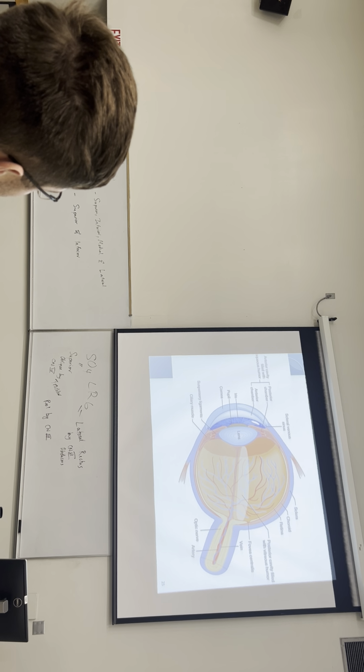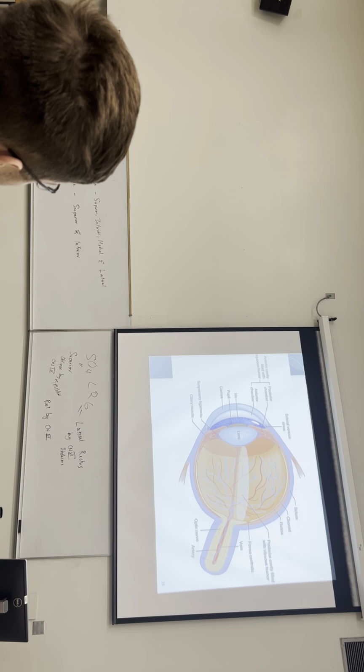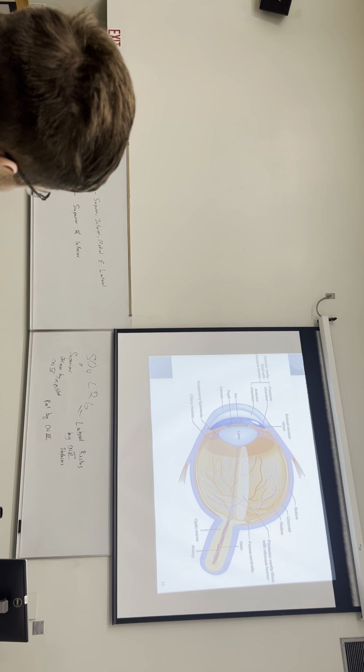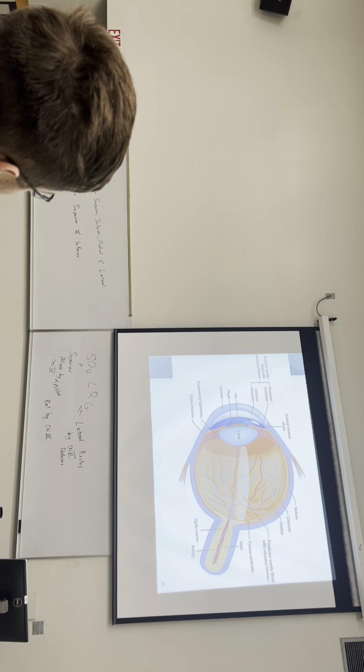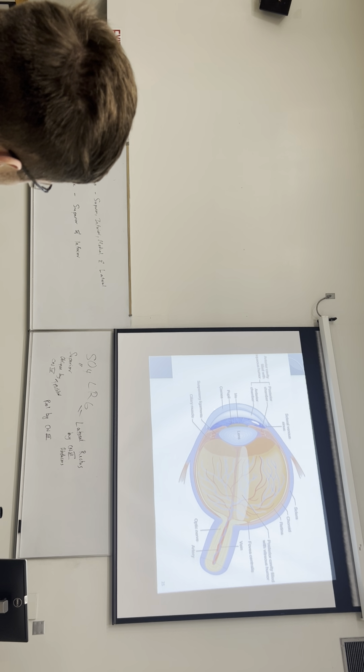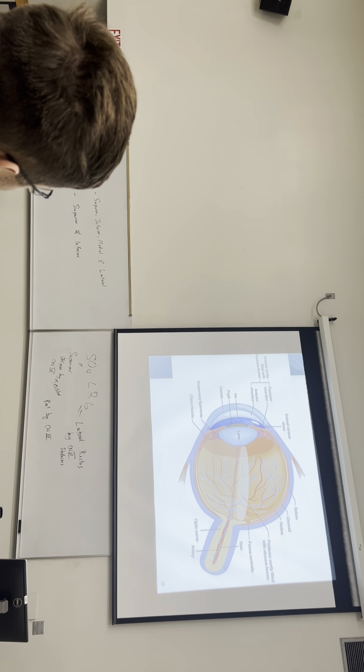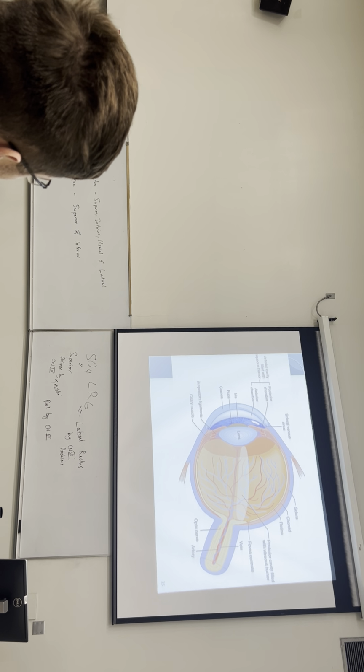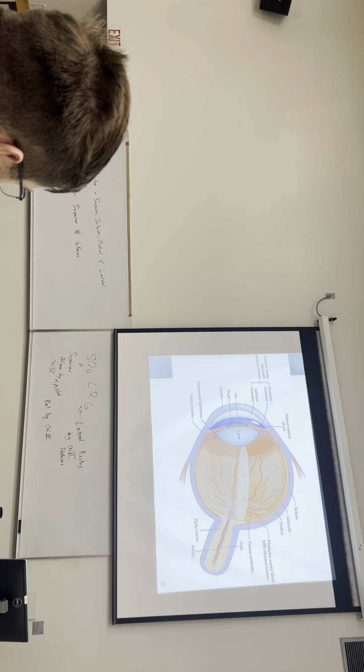And then we'll talk about the layers in a second, so I'm just going to introduce it here. The outermost, the fibrous layer, is the sclera and the cornea. The sclera is the white of our eyes, while the cornea is the clear part way in front. That's where the light passes through. In terms of the vascular layer, the middle layer, there are three parts.